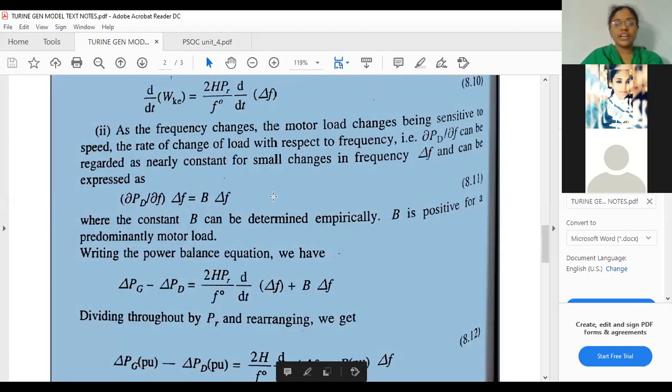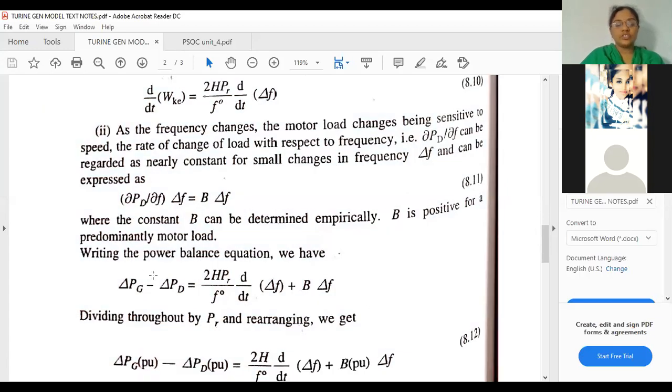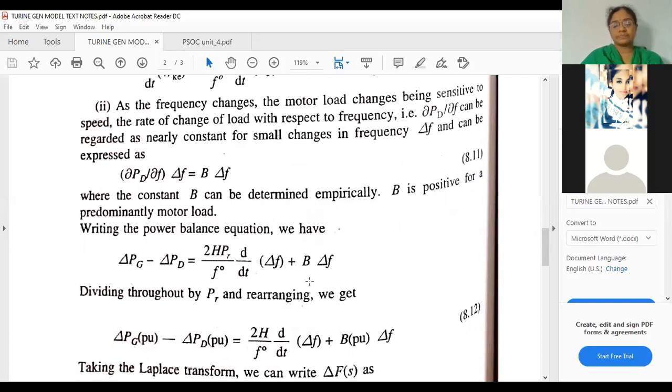So now writing the power balance. You know the power balance equation we have derived in the second unit itself. That is, whatever power is generated has to meet your power demand. PG should be equal to PD. And here we are taking into consideration the kinetic energy as well as the frequency changes. We have made two considerations, kinetic energy storage and frequency change.